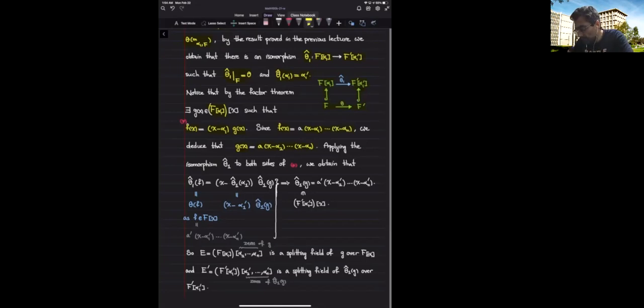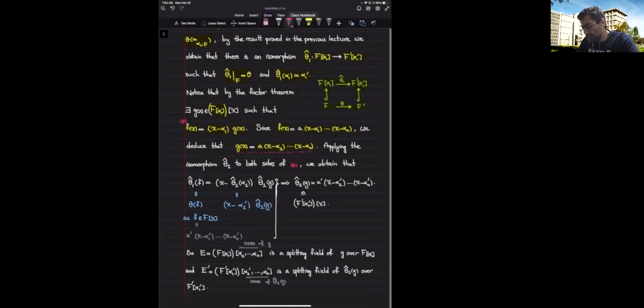Now, remember this theta 1 was an isomorphism between the fields F bracket alpha 1 and F prime bracket alpha 1 prime, and we can always extend such an isomorphism to an isomorphism between rings of polynomials. So I can apply this isomorphism to both sides of this equality.